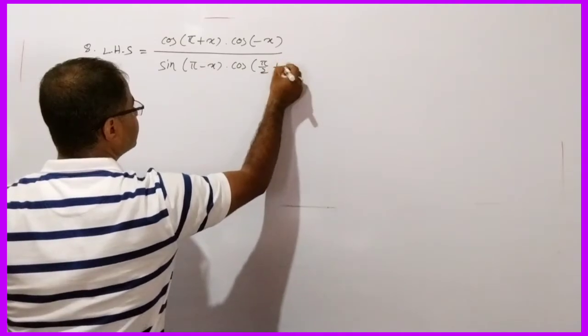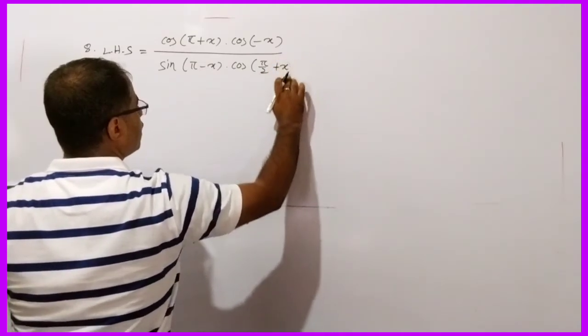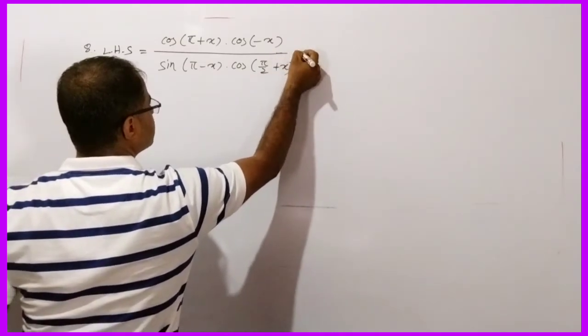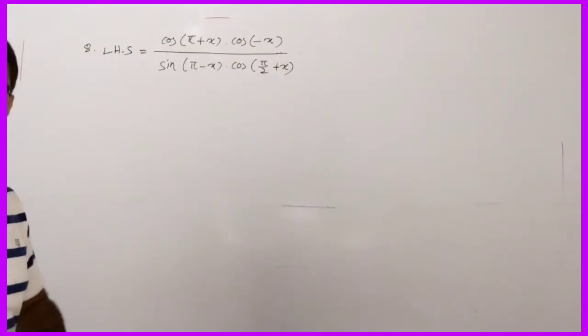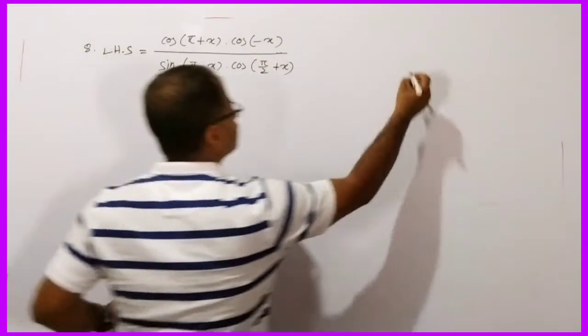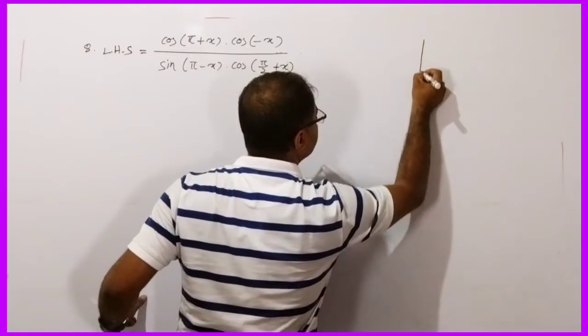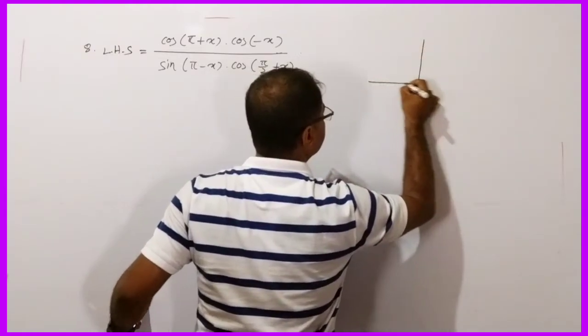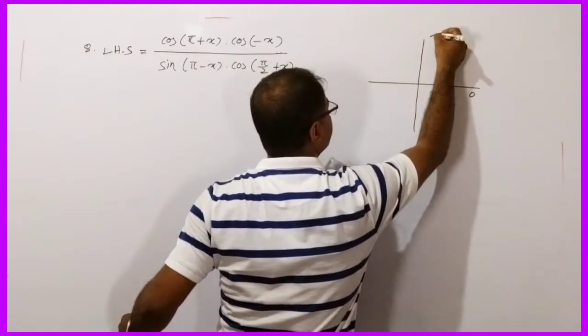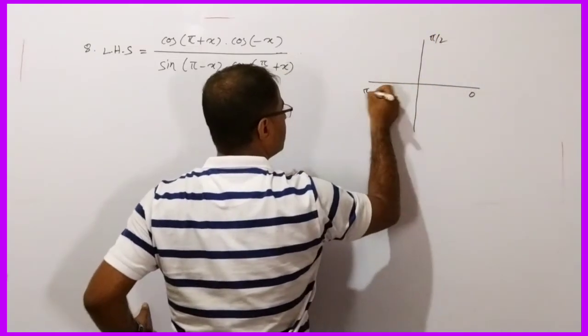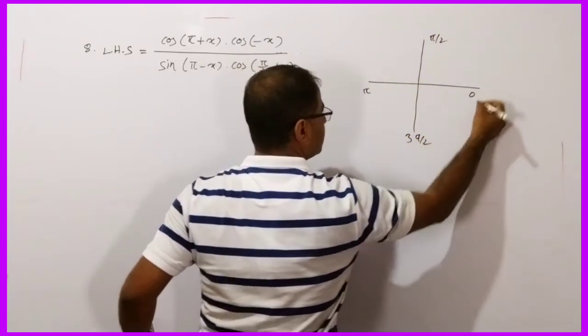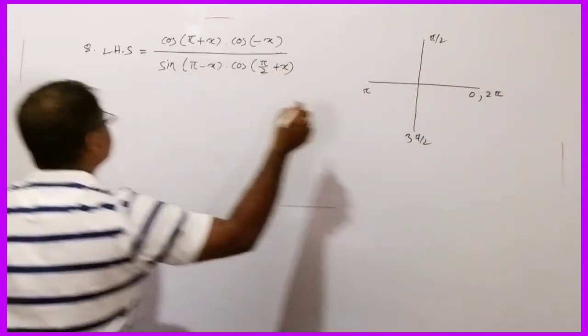I think you guess that the solution of the question depends upon the concept of the quadrant. 0, pi by 2, pi, 3 pi by 2 and 2 pi.